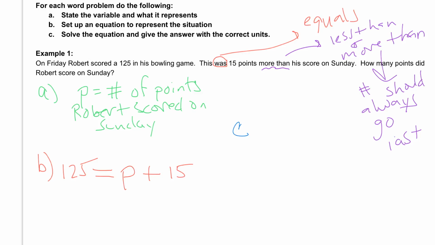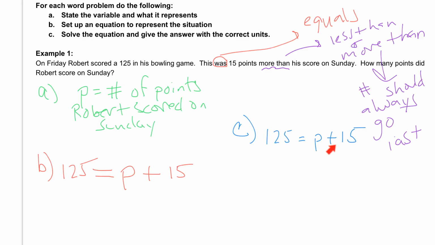And our last step in part C is to solve the equation. We never ever want to touch the equation in part B because you will be getting a grade for that, and if you start crossing things out and making a mess with it, I won't be able to tell what your original equation was. So when we get to part C, we're going to rewrite the equation. 125 equals P plus 15, and we're going to solve it.